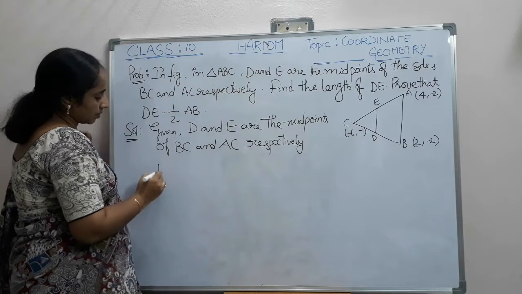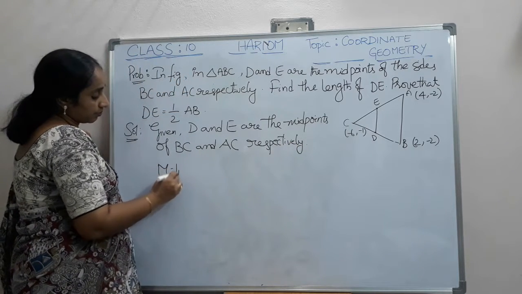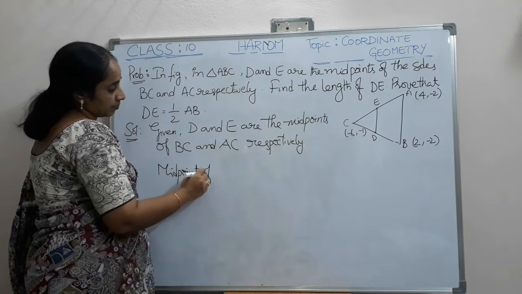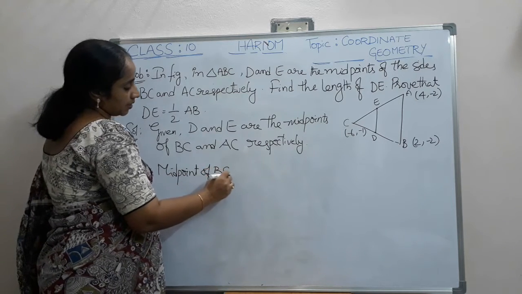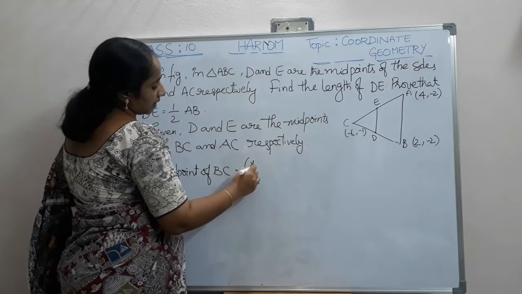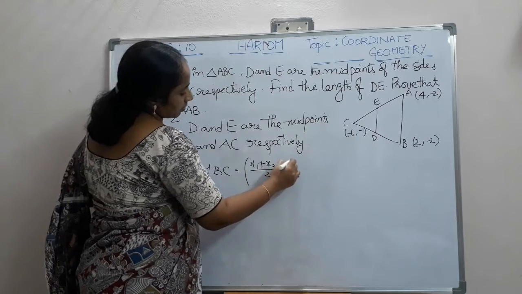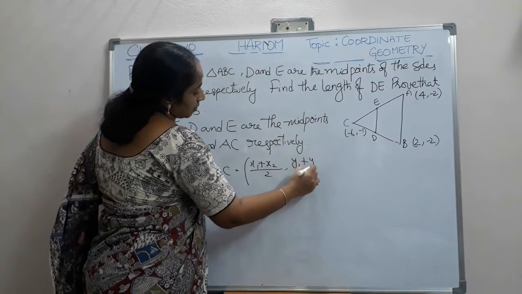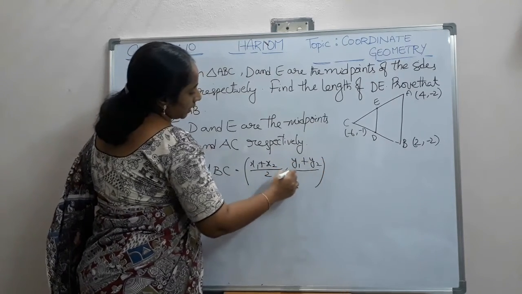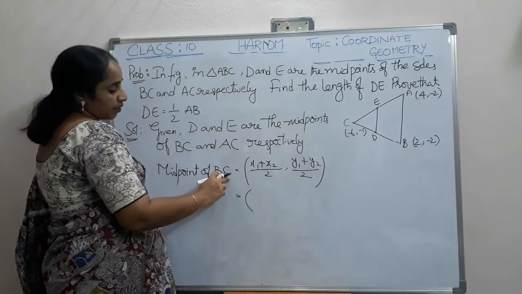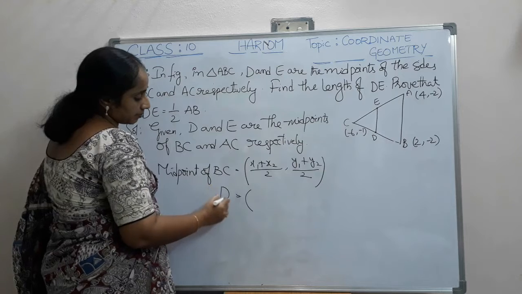Now, midpoint of BC is equal to x1 plus x2 by 2, y1 plus y2 by 2. That is, what is midpoint of BC? It is D.